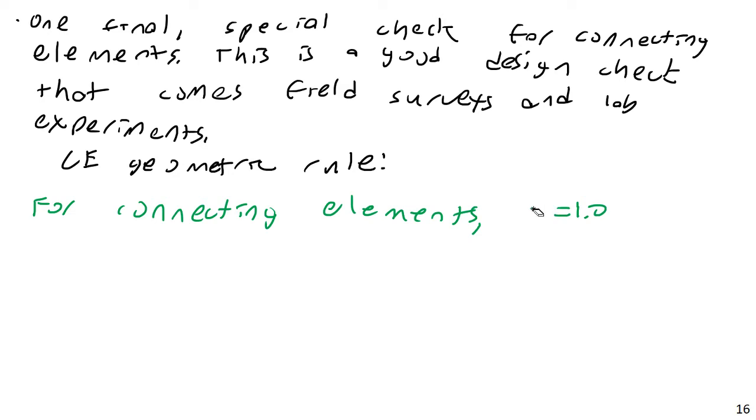So net area is basically effective area. Previously, we discussed the difference between net area and effective area, but in connecting elements, net area is effectively the same thing as effective area.